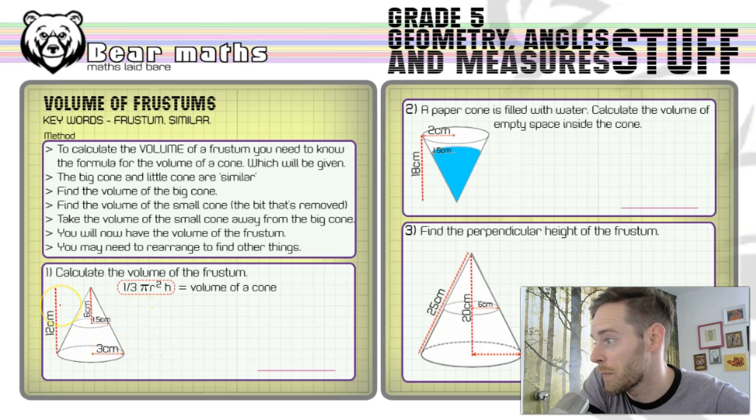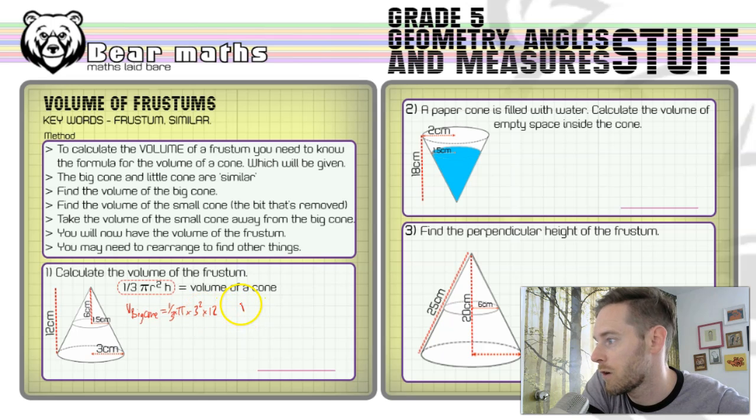We've got all the information we need. We've got the dimensions here: the radius, and the perpendicular height. H is the straight up height. For the volume of the big cone, volume of big cone equals 1/3 of pi multiplied by the radius squared, which is 3 squared, and then multiply that by 12.